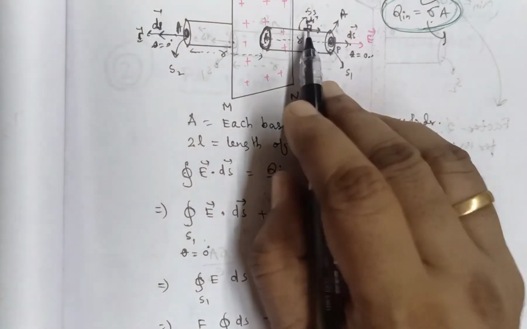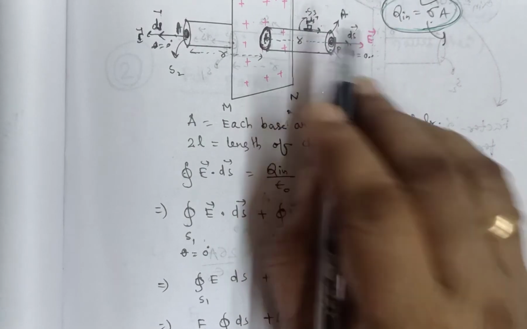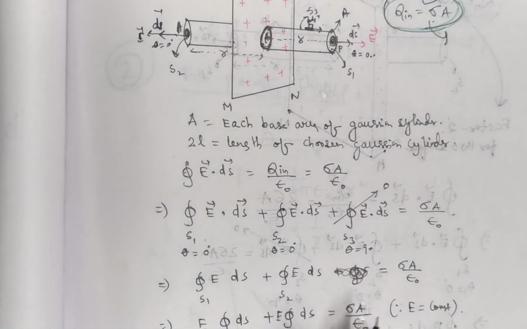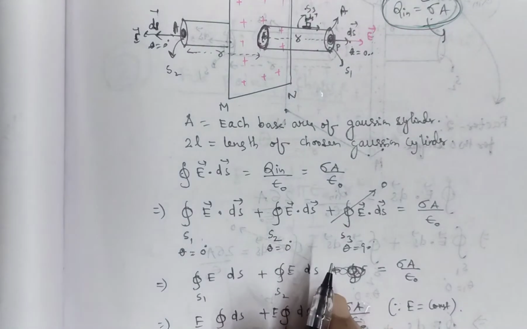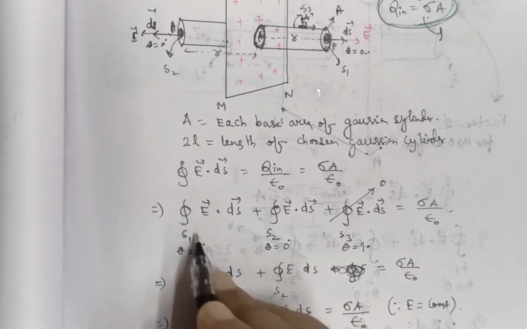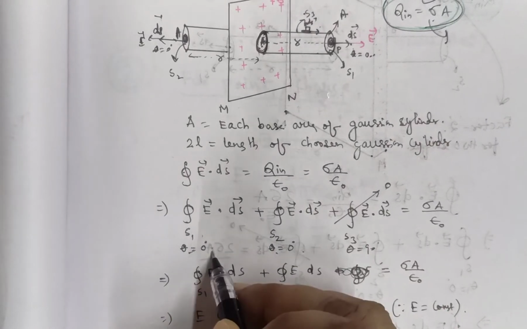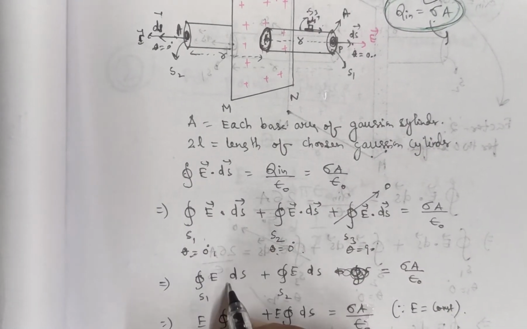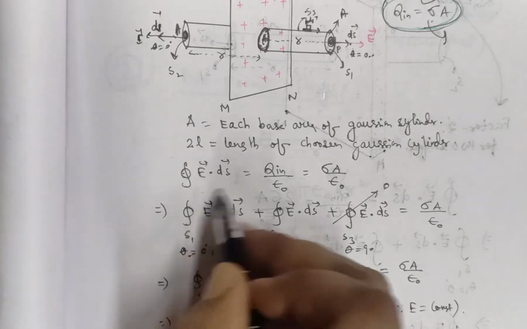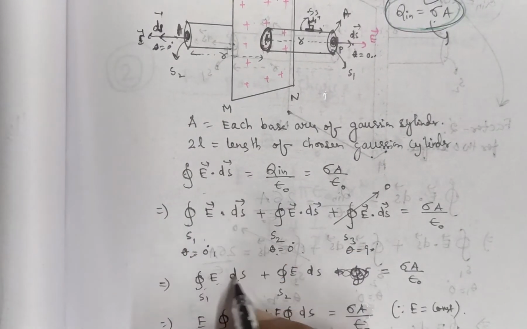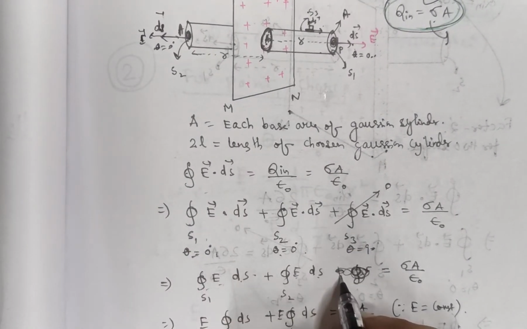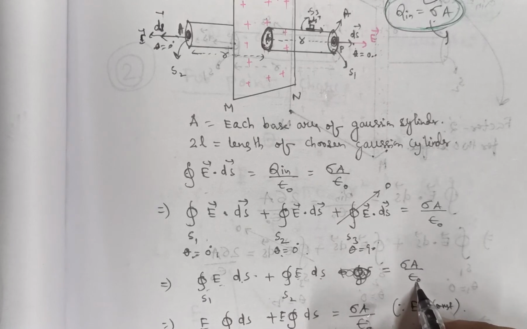We have discussed that for the S3 surface theta is 90 degrees, so this integration is 0. Only the other two surfaces will be integrated. Here for S1 theta is equal to 0, and for S2 theta is equal to 0. As theta is equal to 0, the dot product reduces to only E and ds, with no vector sign. So E ds cos 0 for S1, E ds cos 0 for S2, equals sigma A by epsilon 0.